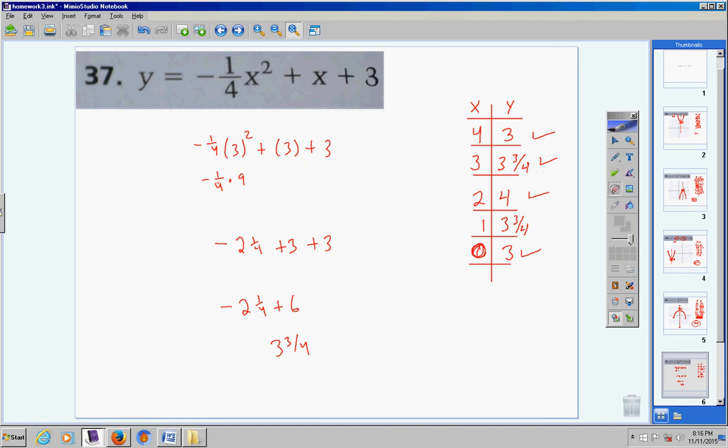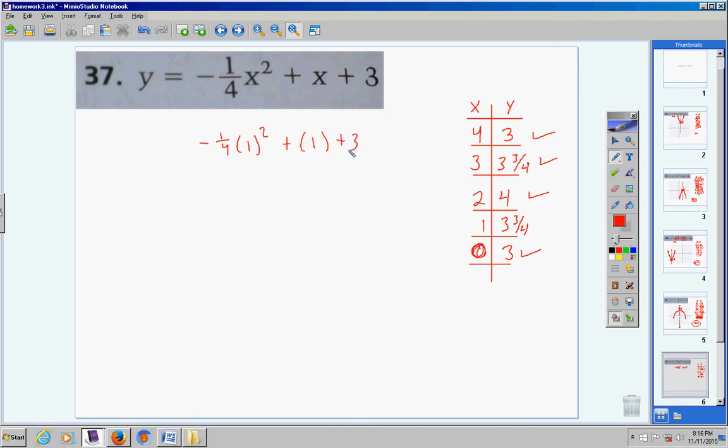And then lastly, but quickly, let's go ahead and substitute 1 in for x. So negative 1/4 times 1, then positive 1, positive 3. Well, when you square 1, you get 1. Negative 1/4 times 1 is negative 1/4. Bring down your positive 1, bring down your positive 3.